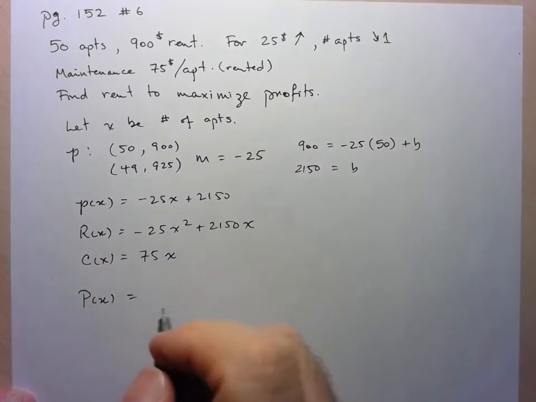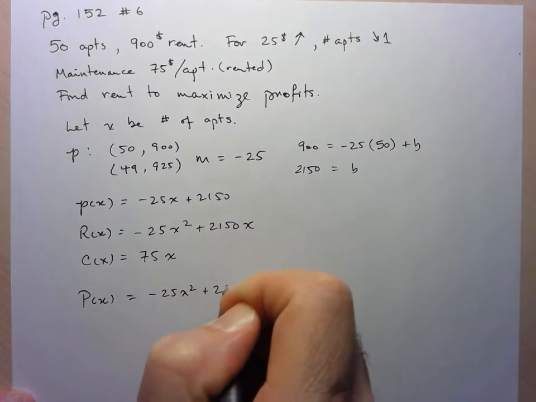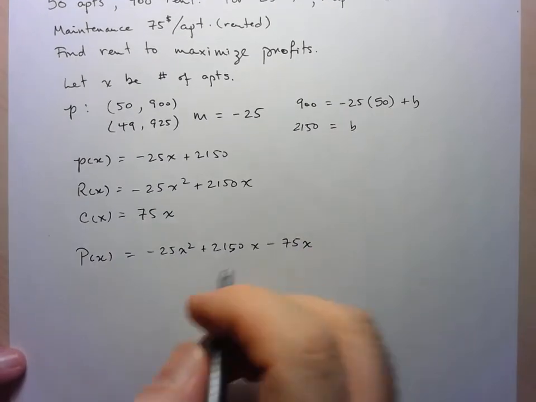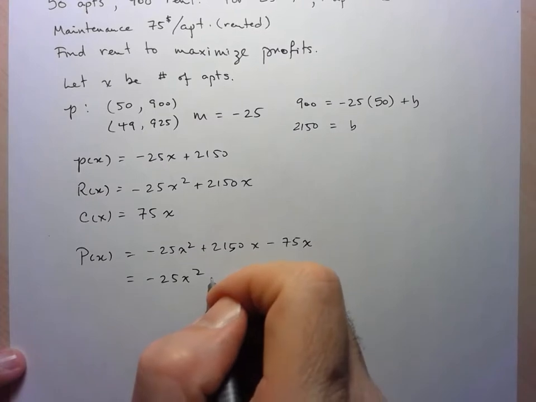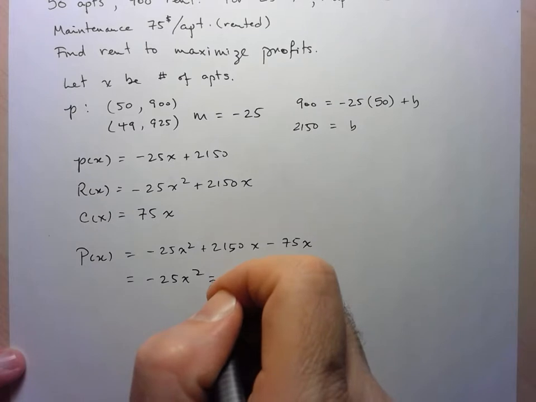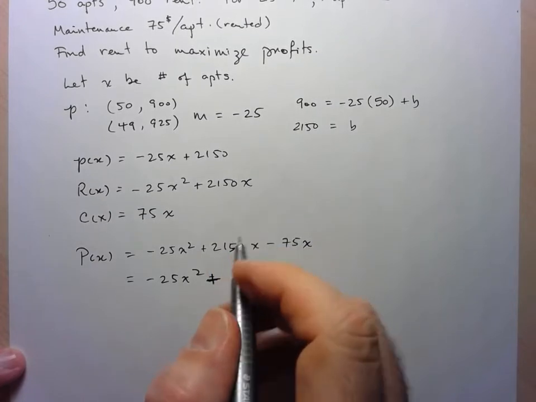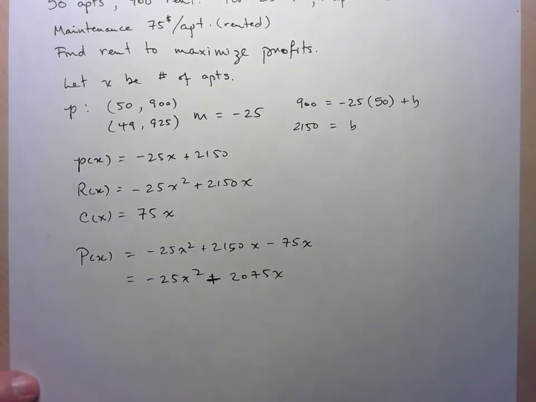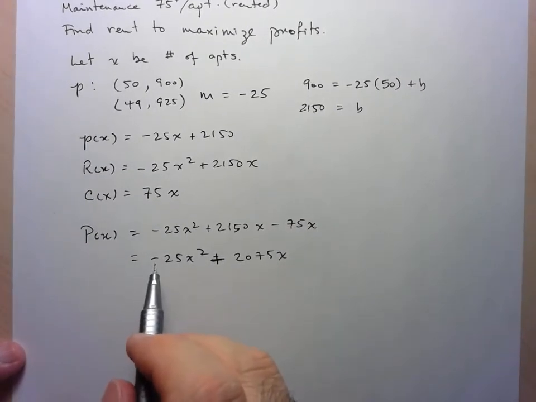The profit function is just revenue minus cost, so -25x squared plus 2150x minus 75x. We simplify that: -25x squared, and 2150 minus 75 brings us to 2075x.